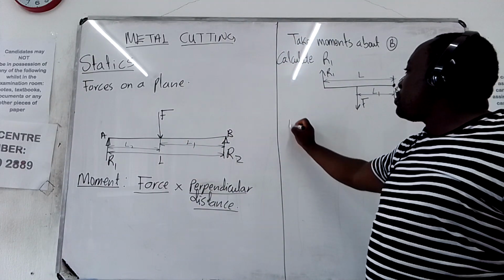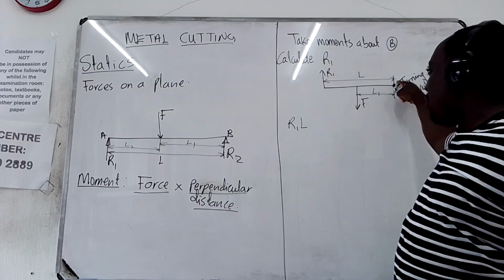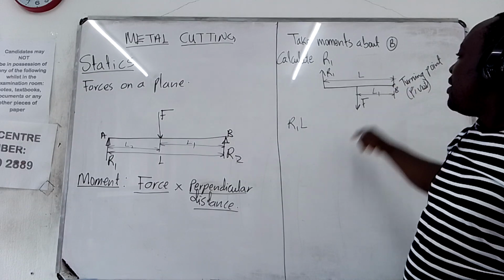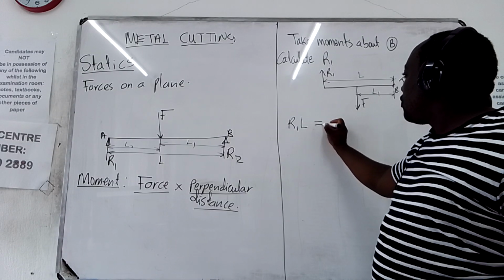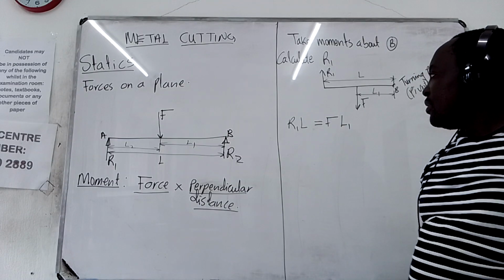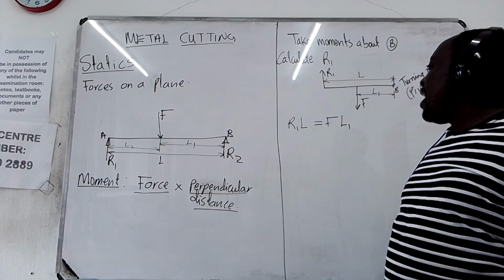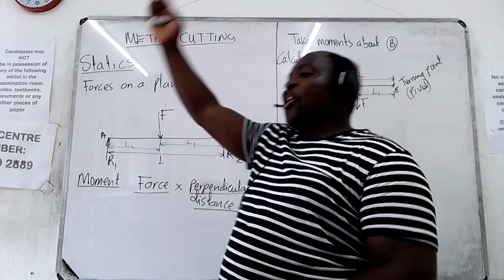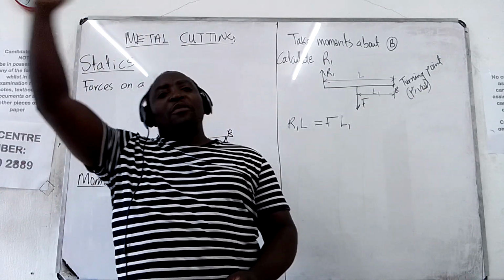Now, when solving, you say R1 times the distance from B is equal to F times distance L1, where the force is applied from the turning point.